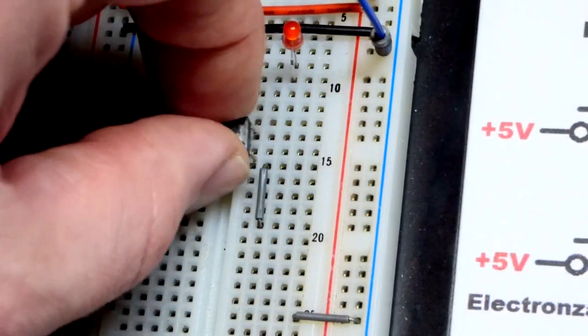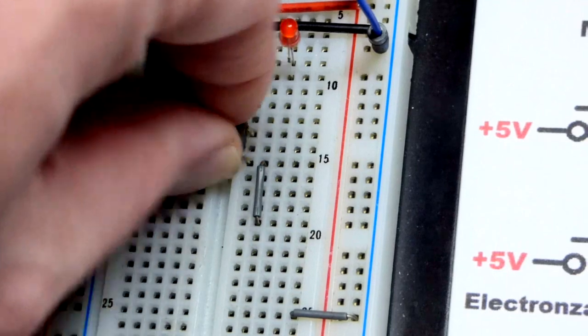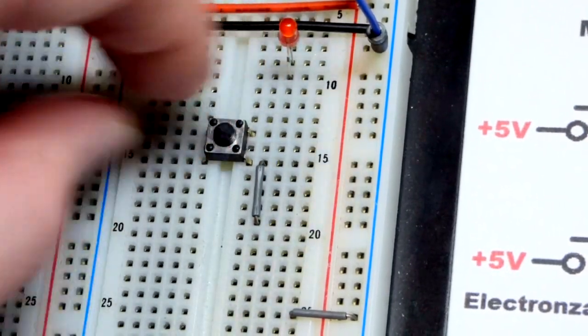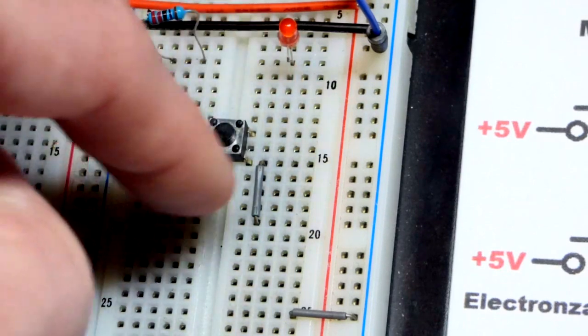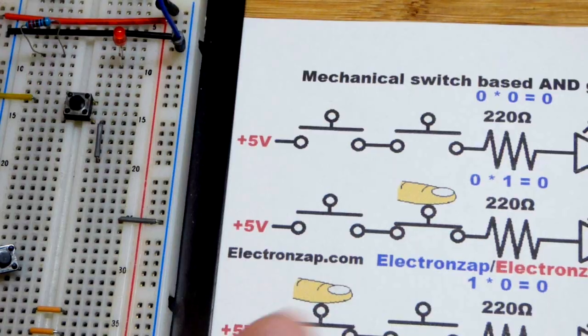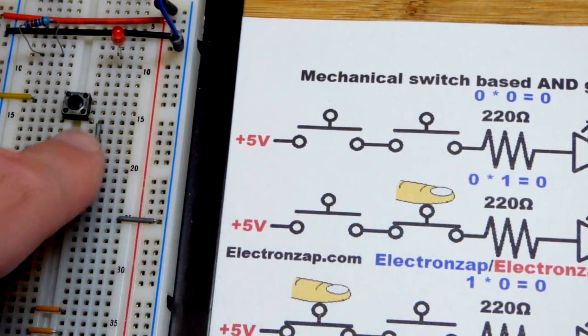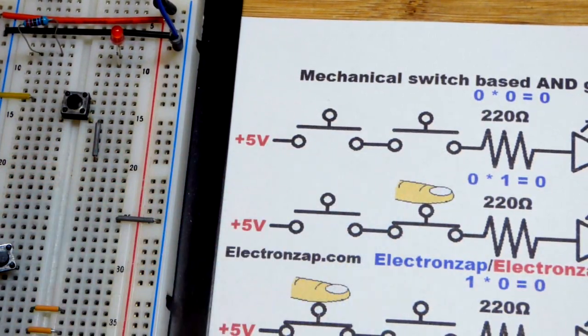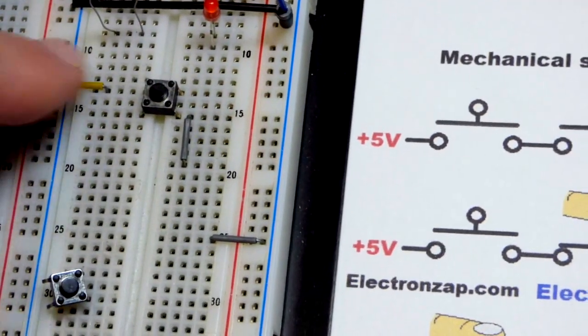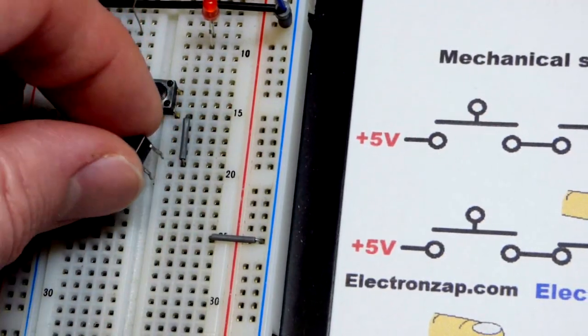So you connect it that way, but in any case, you always want to make sure that you plug these in where the top is separated from bottom until you push the button. And the process is the same for the second switch, but we have to connect them together. So the first switch we connected to the positive side of the power supply up there. Second switch, we're going to come down here.